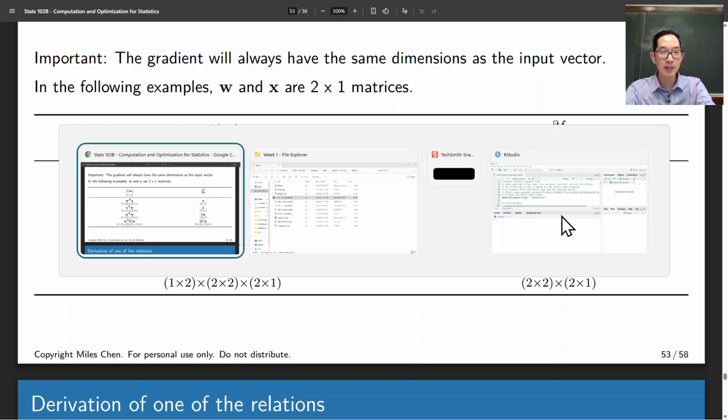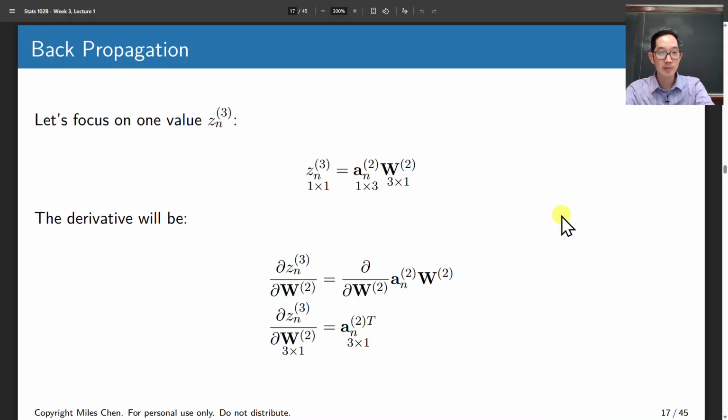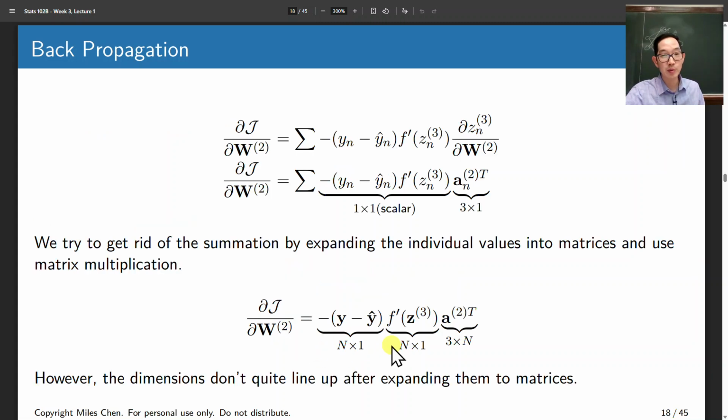And here we have a times w, so it would be the transpose of a, okay? So this is what we have. We're going to say, okay, how does this change with respect to this? So we're going to get a transpose. And the gradient of this is going to be 3 by 1, and we have a sub n transpose, okay? So that's what we have. We'll replace this with a sub n transpose. And there is our answer, okay?